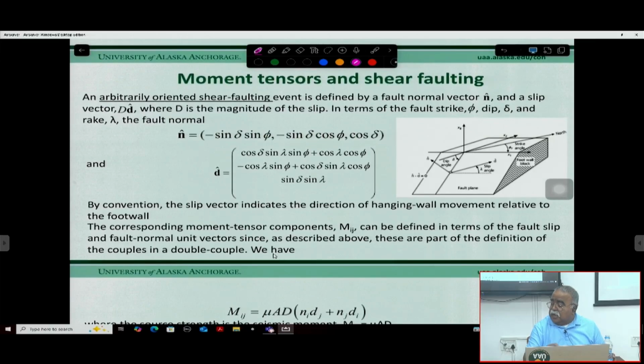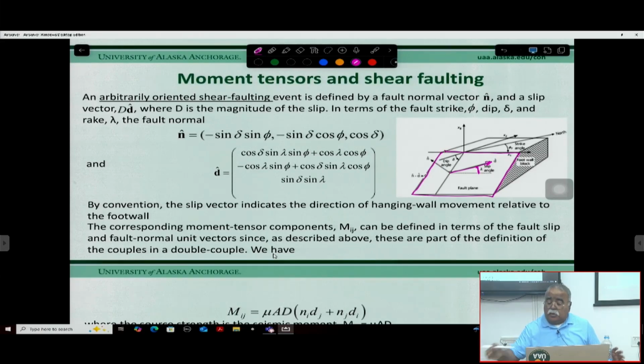You can see here this is the fault plane, and this fault plane has a slip vector, right? The slip vector is directed along this, and the angle through which, from the horizontal, we call it the slip angle.